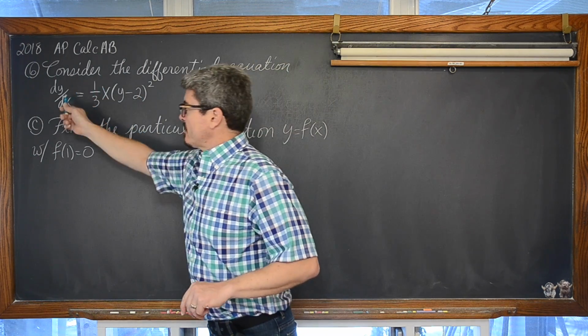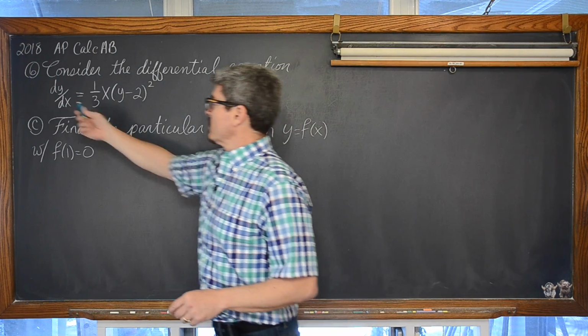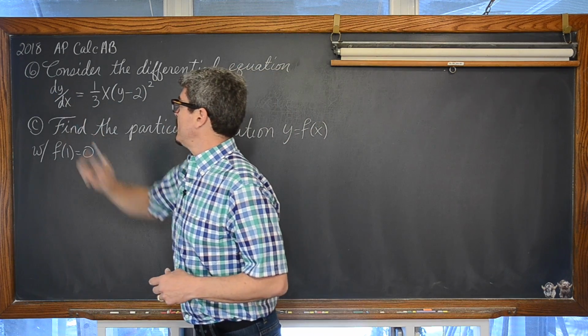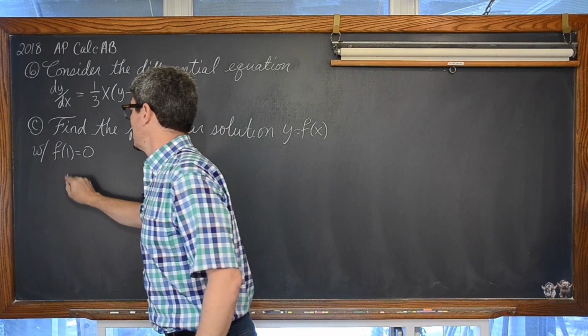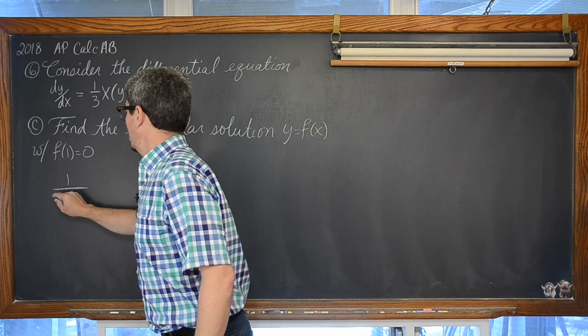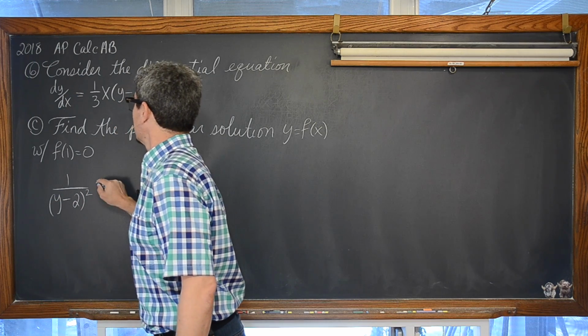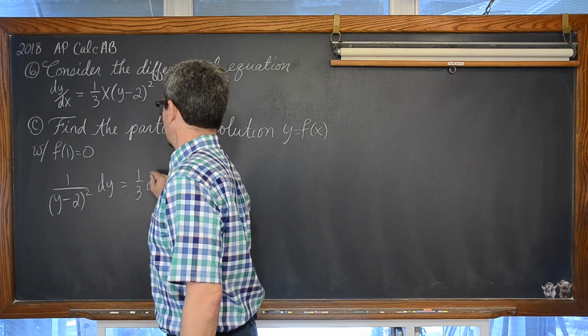How are we going to separate these variables? We're going to move things around with multiplication and division. We're going to bring the dx over with multiplication and bring the y minus 2 squared over to the left-hand side, giving us 1 over (y minus 2) squared dy is equal to 1/3 dx.